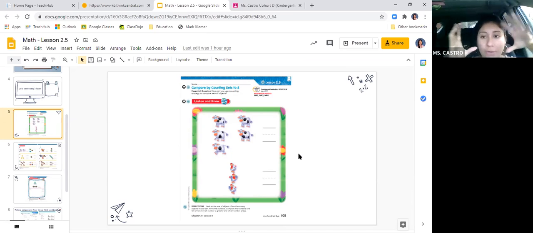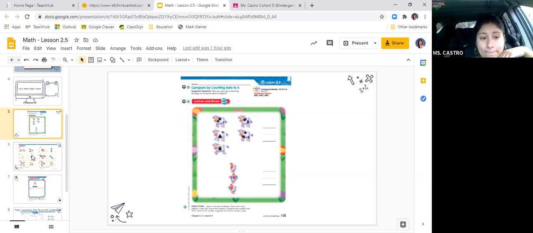So the greater number here, as you can see just by looking at the cows, we have 5 cows. So 5 is the greater number, it has more. And then the chickens, we only have 3 chickens. So 3 is less than 5. So when we're comparing 2 sets, we're looking to see which number is greater and which number is smaller.